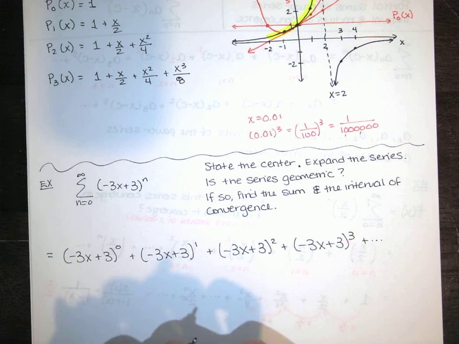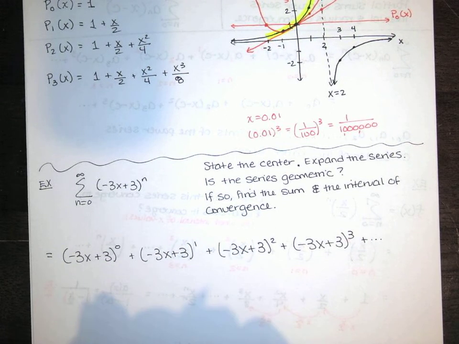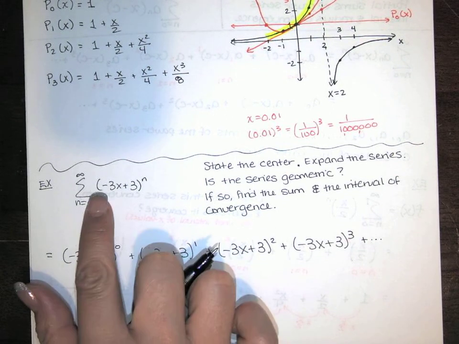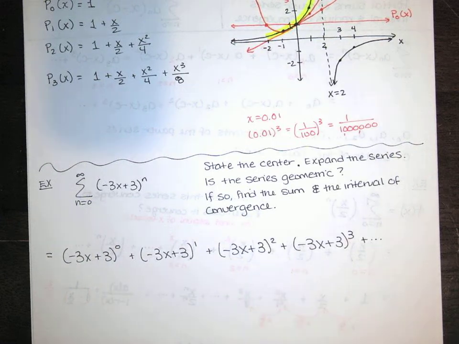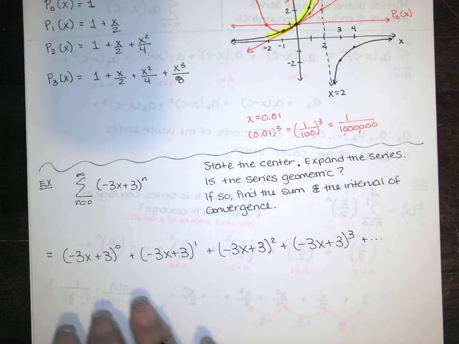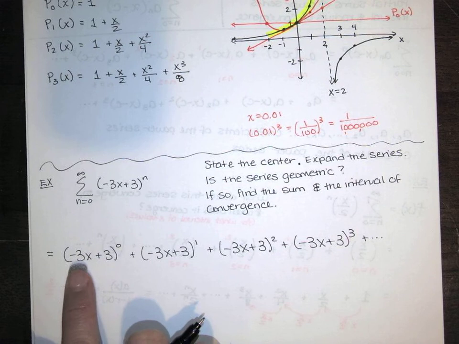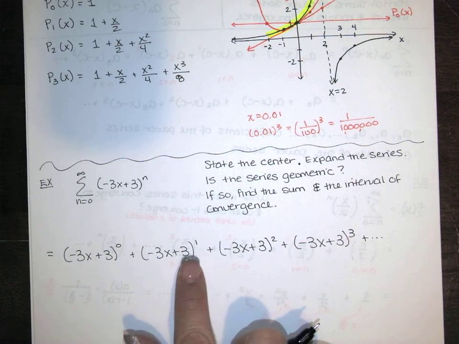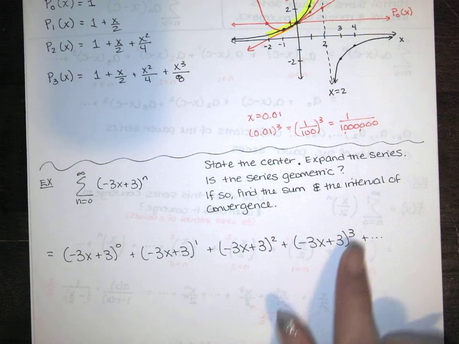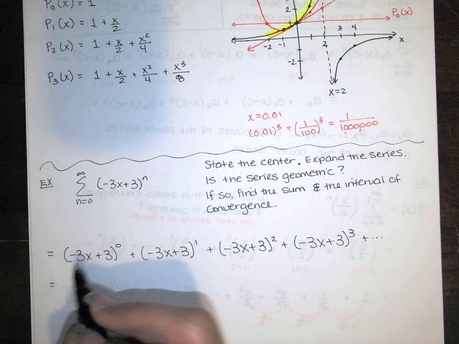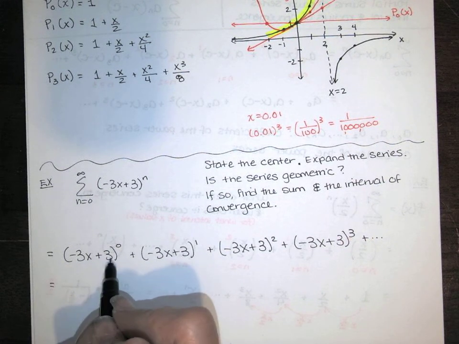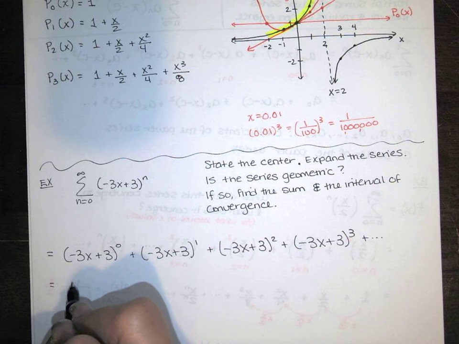That's one way. You could also factor this a little bit, and I think it's not obvious that that factors, but let's look at what's going on down here. I've got this to the 0, this to the first, this squared, this cubed. Well, does it factor? I think it does. The negative 3x and the 3 have a 3 in common, obviously.